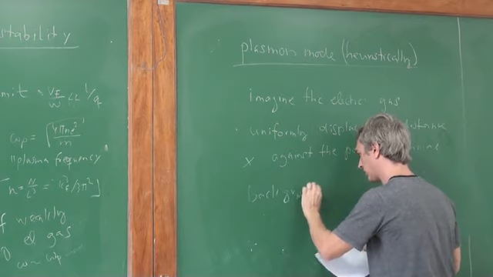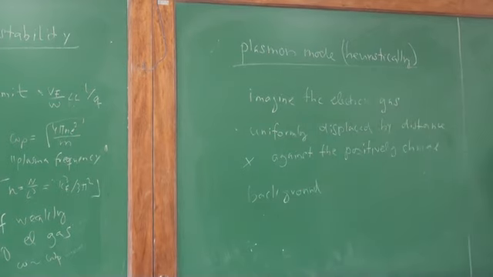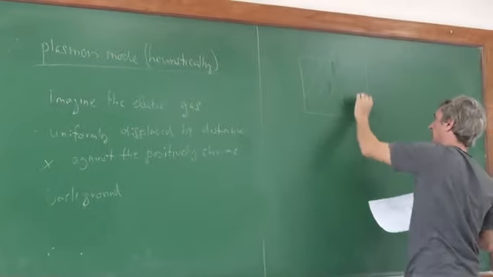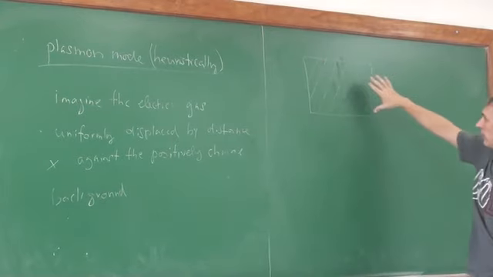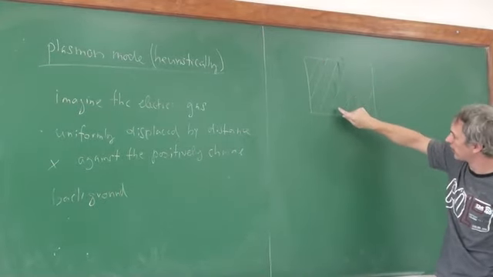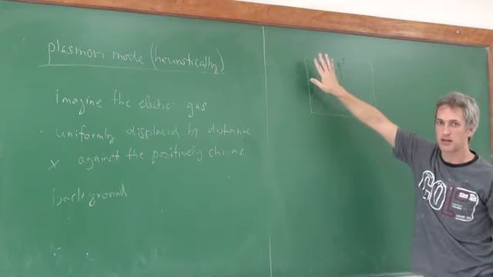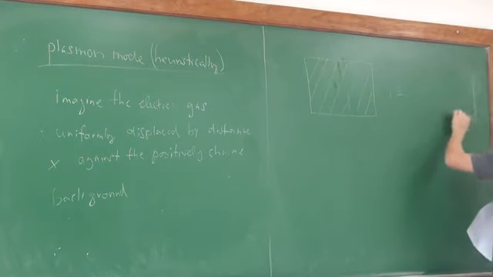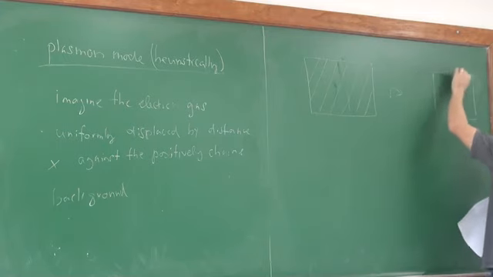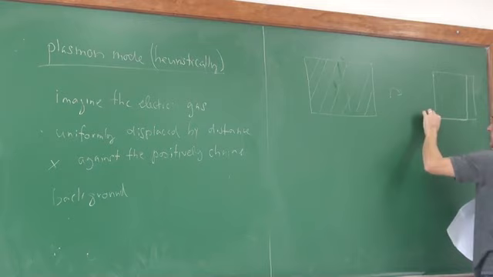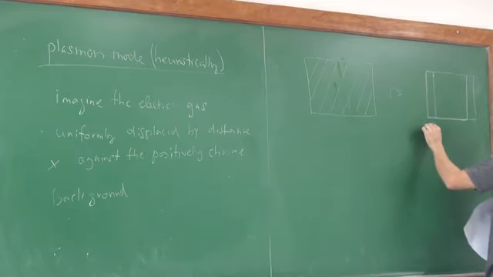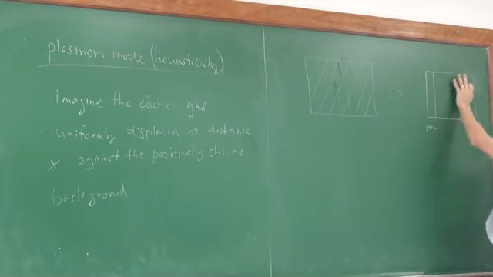So let's make a sketch of what I mean. In the beginning, we have our electron gas just uniformly covering the entire system. So down here are the positively charged ions, and on top of that is the electron gas. And now let's consider the situation that we displace the electrons by some distance x against the positively charged background.